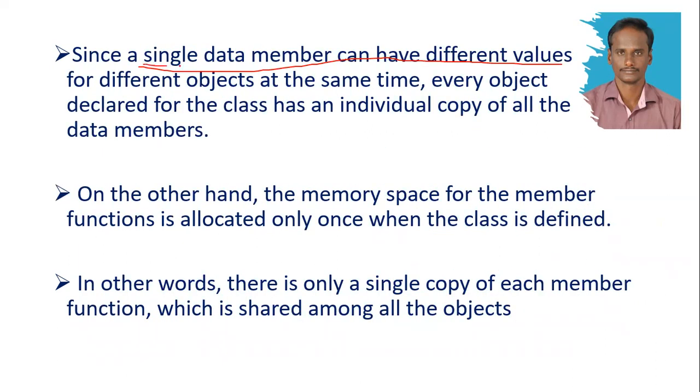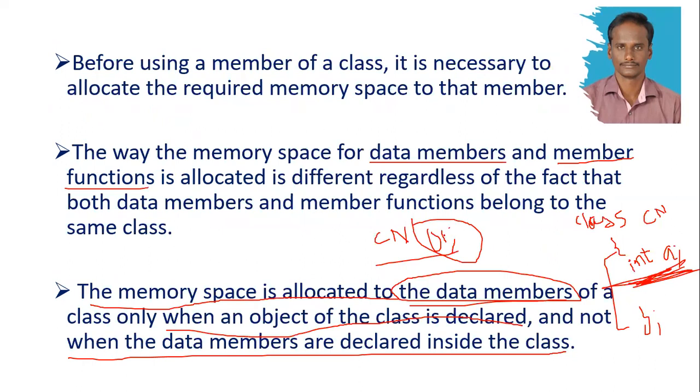So a single data member can have different values for different objects at the same time. It means that I have declared objects called o1, maybe o2, o3, o4 and so on. While accessing o1, I may give the value of a as 10. While using o2, I may give the value of a as 100. While o3, my value of a is 17. So what happened?